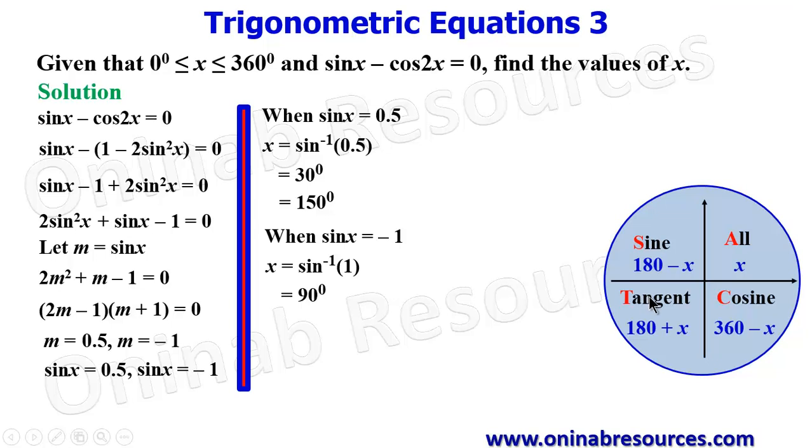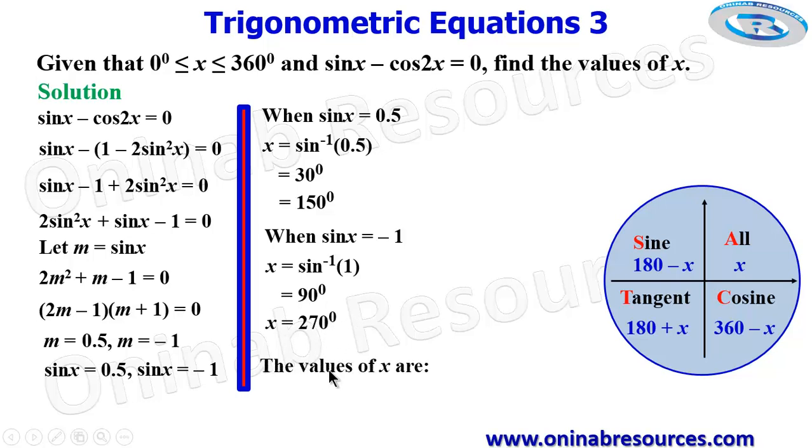So coming back to the third and fourth quadrant, we can now have it as 180 plus 90, which is 270 degrees. Even if we say 360 minus 90, it will still give us 270 degrees. So that has taken care of the third and the fourth quadrant for the value of x.